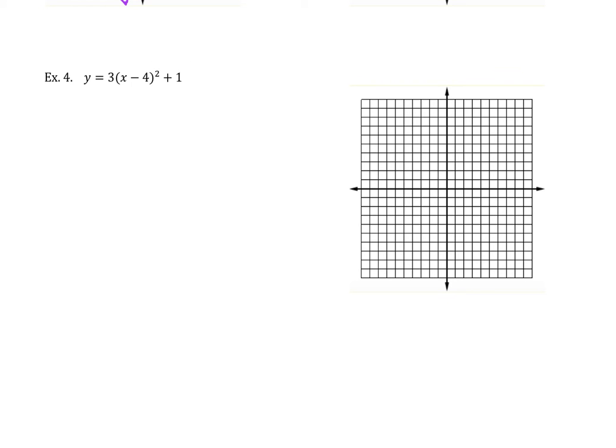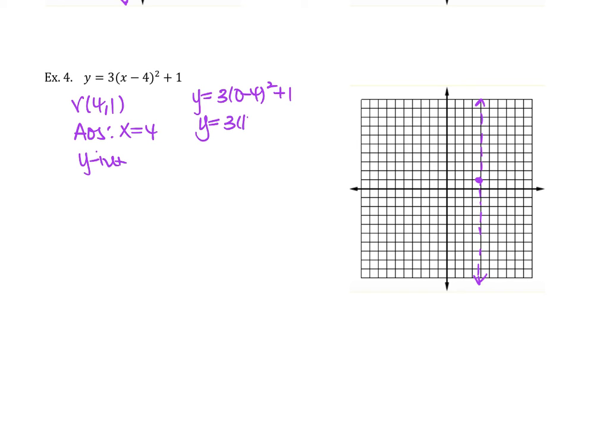Okay, for this last one, our vertex is at (4, 1). My axis of symmetry will then be x equals 4. My y-intercept, when I substitute in 0 for x and solve for y, I get y equals 3 times 16 plus 1. So that's 49.